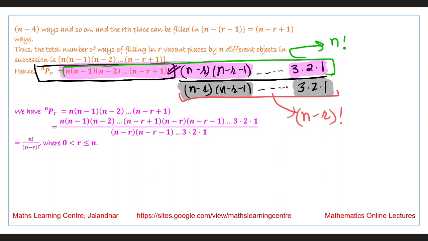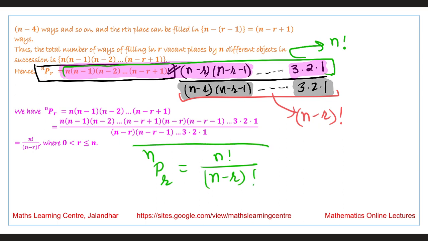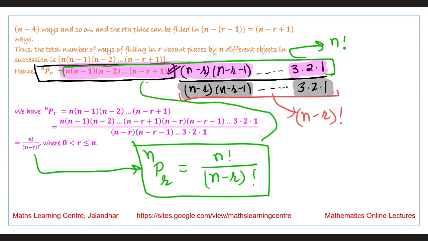It means the formula we obtain is nPr equal to n factorial over n minus r factorial. This is just another form of the formula we mentioned, that nPr is n into n minus 1, n minus 2, and so on up to n minus r plus 1.